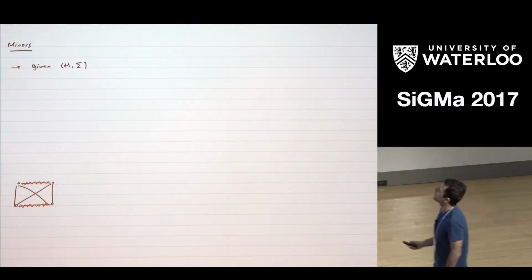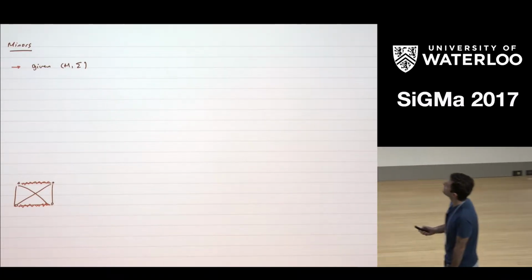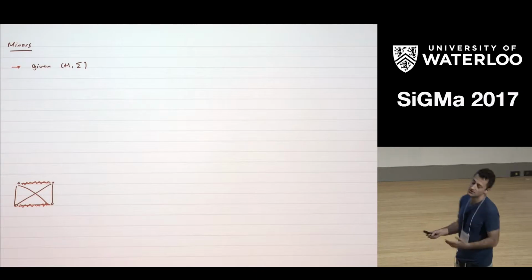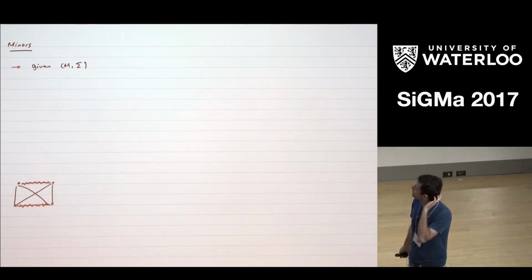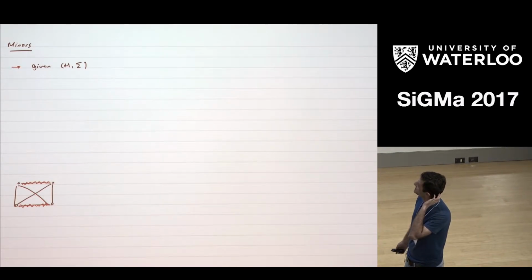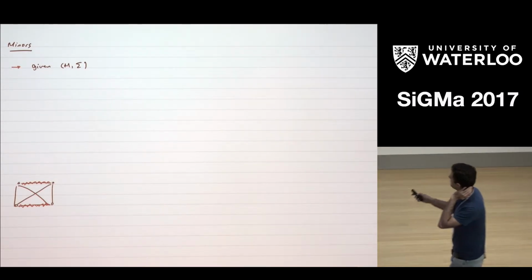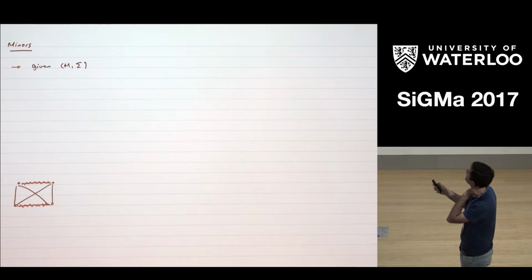Okay, so we're going to need the notion of minors for signed binary matroids. It's an extension of minors for matroids in general, but you need to respect the parities of the elements. So let's say you're given a signed binary matroid. You could think of M as the cycle matroid of this graph, and these wiggly edges are the odd edges, the elements in sigma.